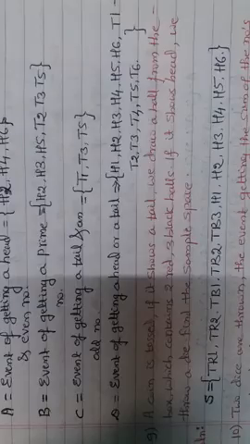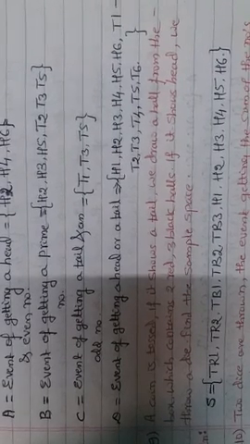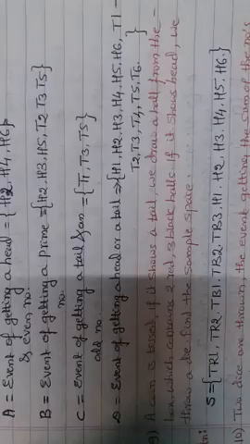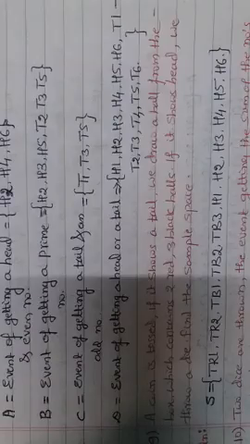Then, second question, we come back to the second sub-question. B is the event of getting a prime number. When a coin is tossed, it may be head appears, it may be tail appears. But when a dice is thrown, there is a condition: only prime numbers should show up on the face.